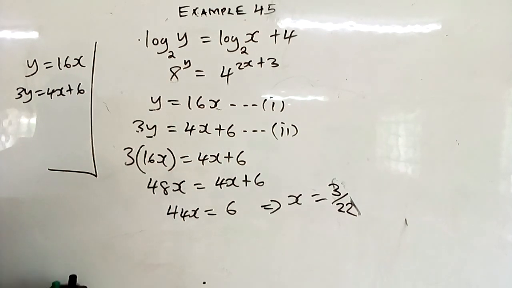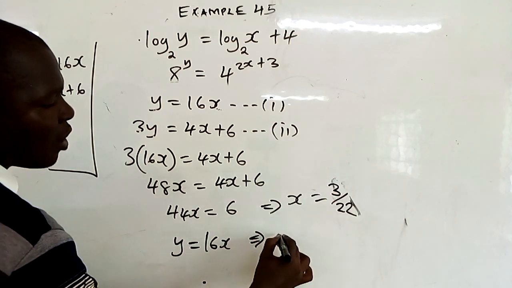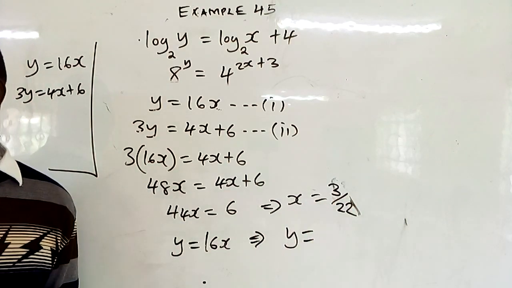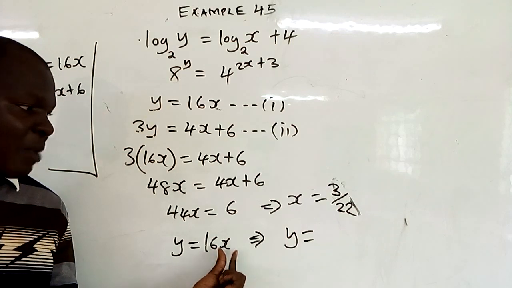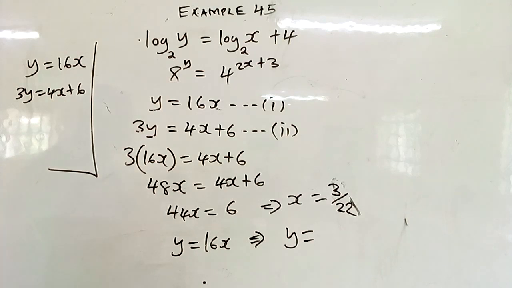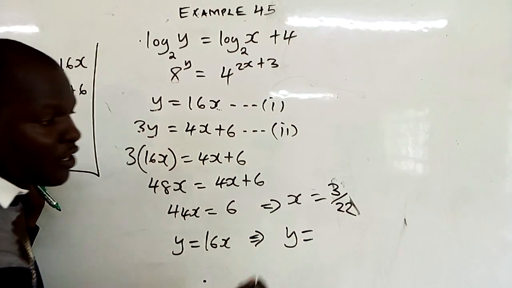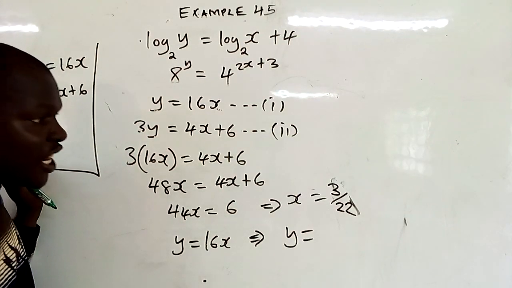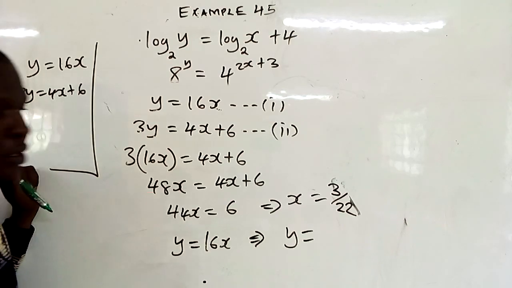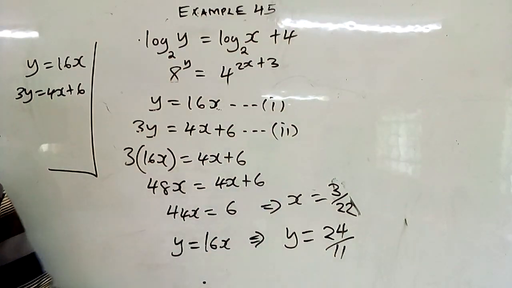What is y? y is 16x, meaning y is 16 times the value of x, which you found to be 3 over 22. So 16 times 3 over 22 gives 48 over 22. You can simplify that as 24 over 11. So you solve for both values of y and x.